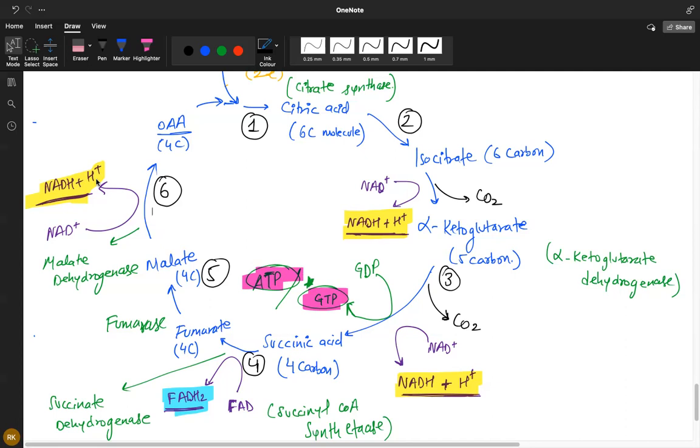Okay, now based on this, also write one more point about GTP. Write down: the GTP which is produced after step 3, the only GTP which is produced in this cycle, in a coupled, different reaction, leads to synthesis of ATP.